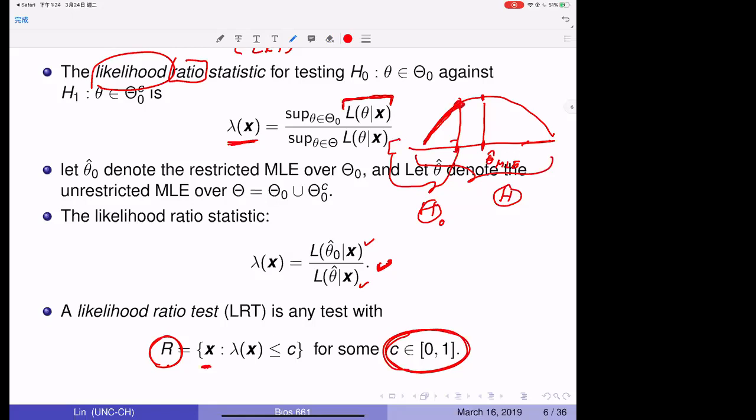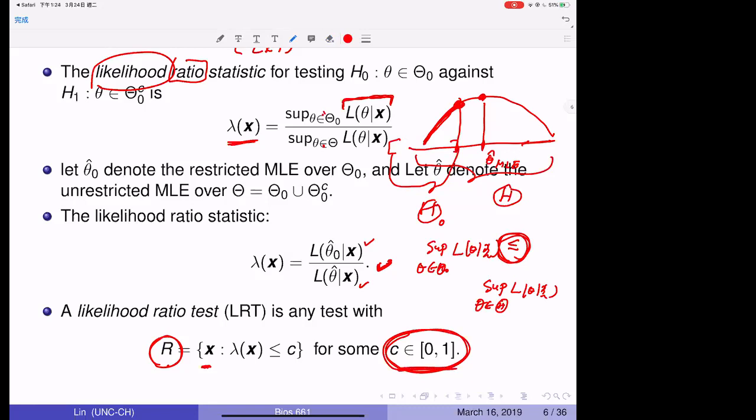The largest likelihood there is, of course, going to be smaller than the largest one over the overall space. Making sense? So this one is always smaller than that one. So when you take a ratio, of course your c would be smaller than 1.